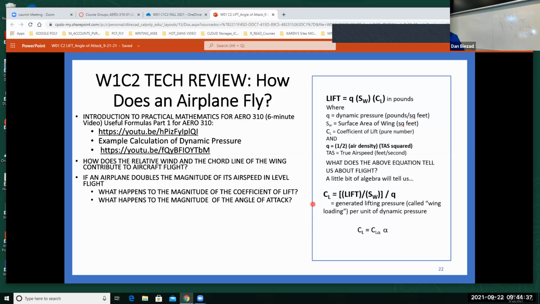So you see, the equation gives you an enormous amount of information on how an airplane flies. What happens to the magnitude of the angle of attack if I double my airspeed in level flight? Well, the angle of attack is going to follow C sub L. If C sub L goes down by a factor of 4, the angle of attack goes down by a factor of 4.